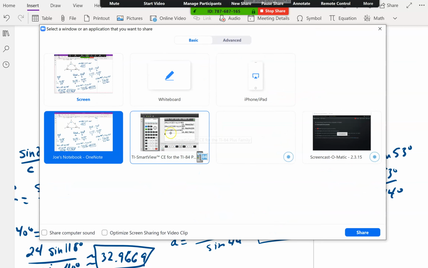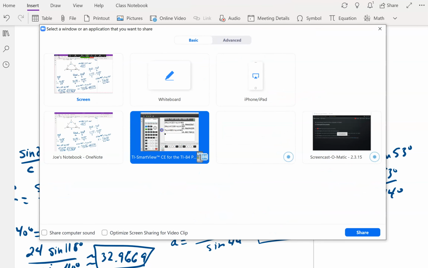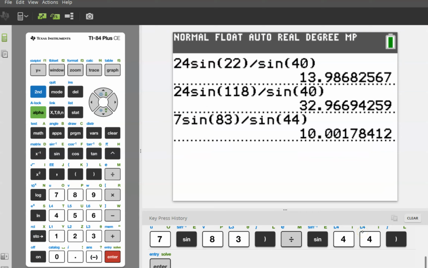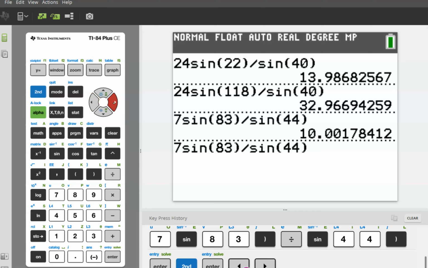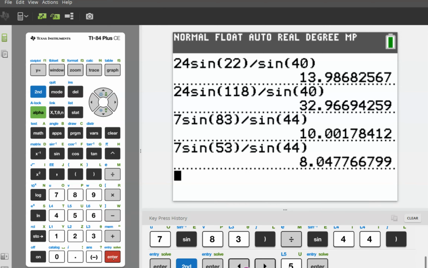Go back over to our calculator. And like I said, I use that second entry to bring up the previous entry because all I need to do in this one is just change the 8 to a 5 and get 8.0478.